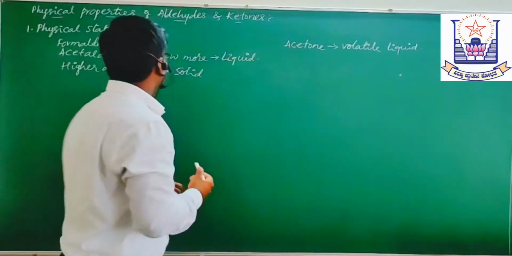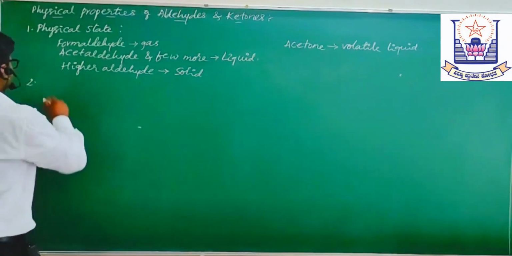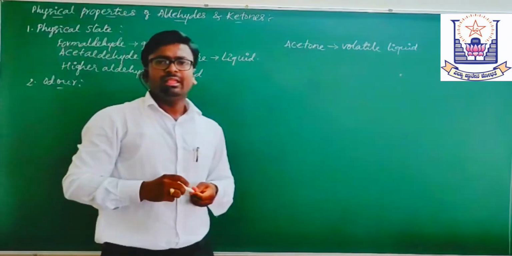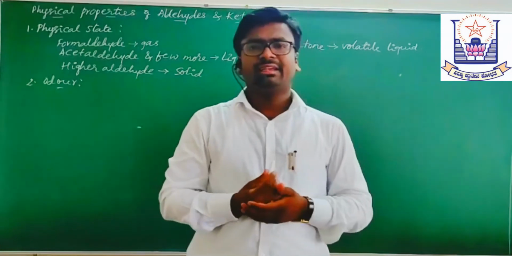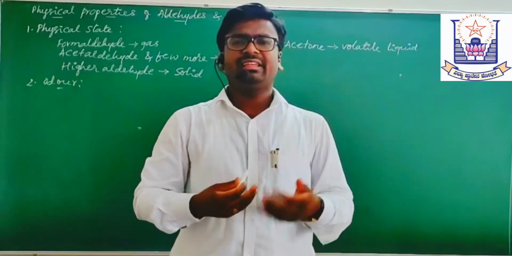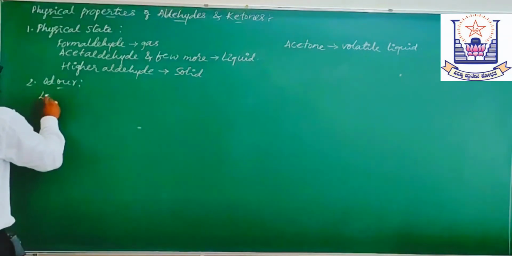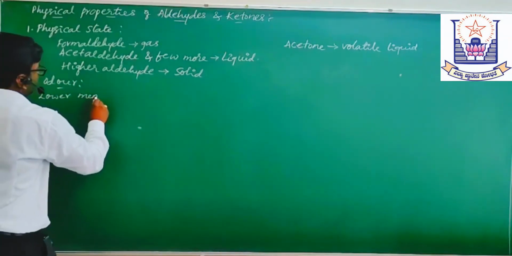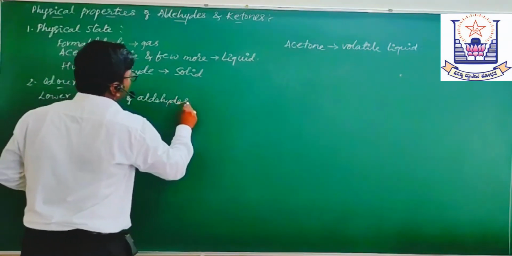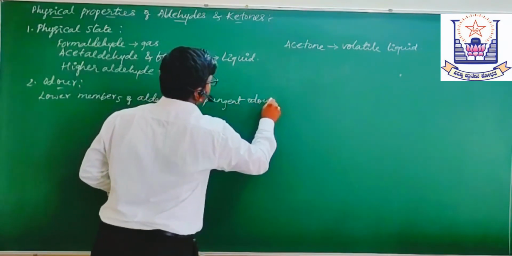Next is odor. The second physical property is odor. Odor means smell. Generally, aldehydes have a pungent odor. Pungent means an unpleasant, irritating smell. The lower members of aldehydes have a pungent odor.